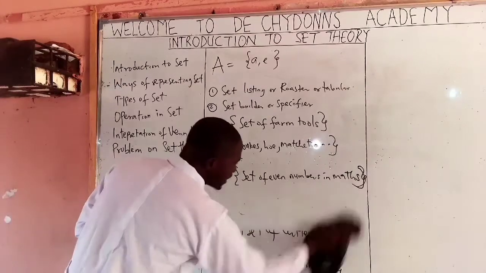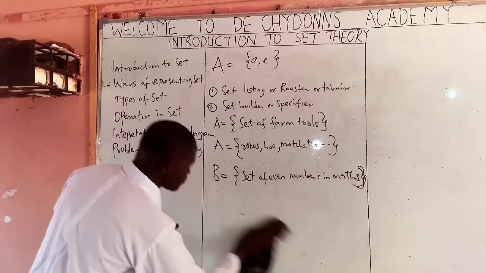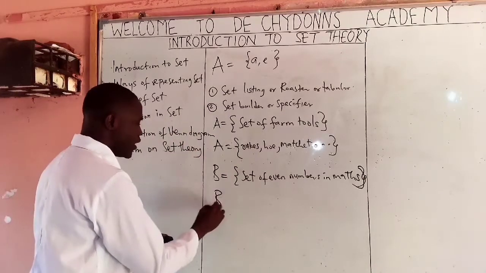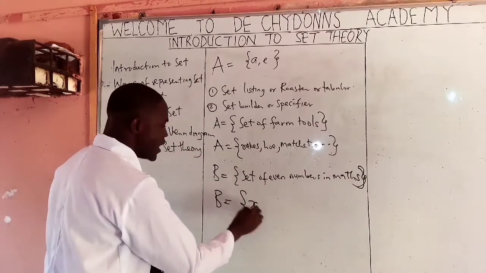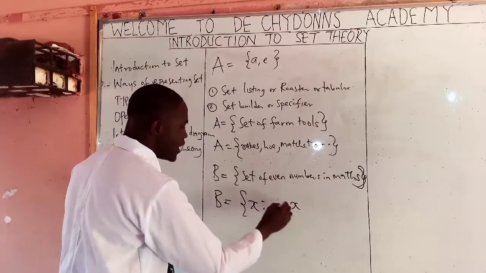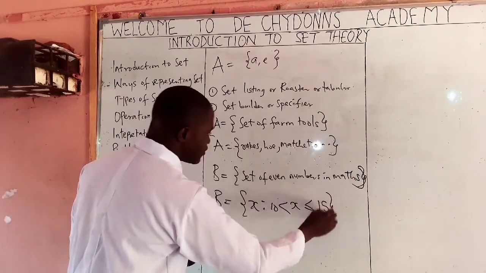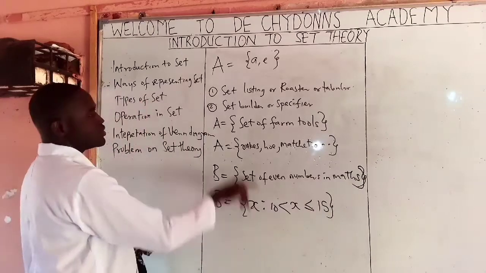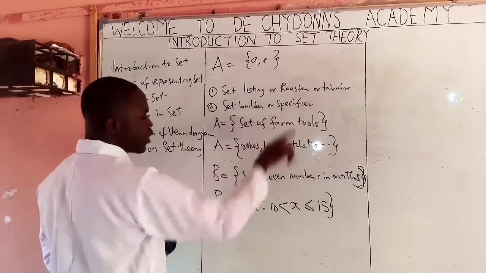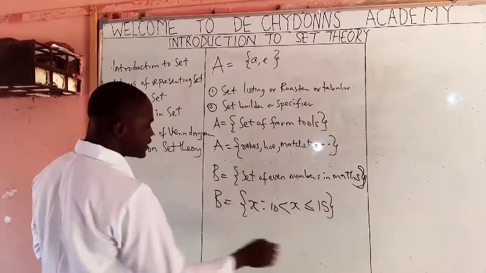Then when you have a set written this way, B equals s such that s is greater than 10 but less than 15, this is the set builder or specifier method because you use a formula to represent it.